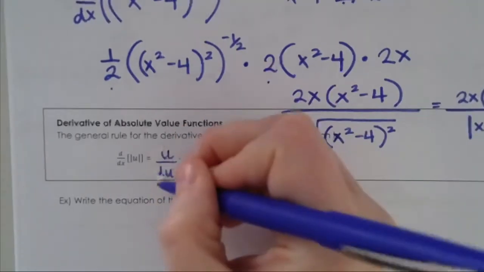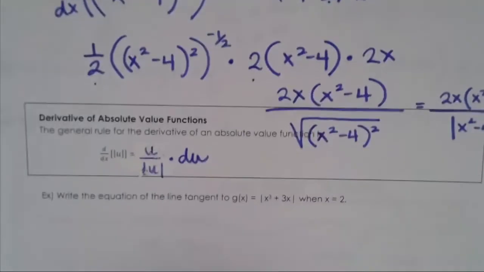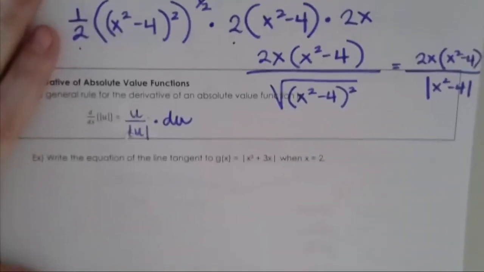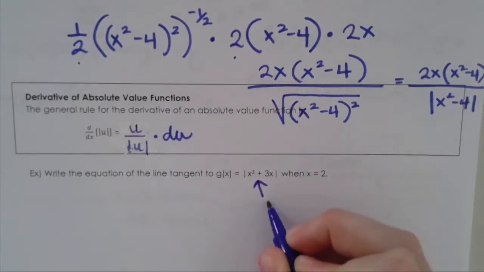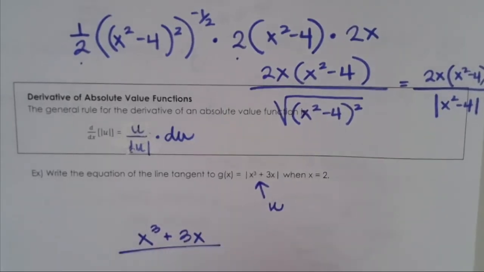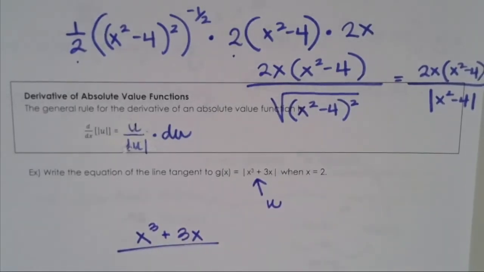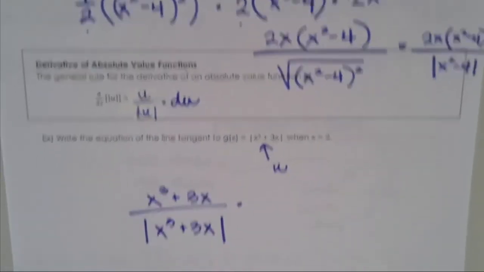Okay, so what does that mean? If we take this one right here and use our rules for absolute value, the thing that I'm taking the absolute value of is my u. So u, which is x to the third plus 3x, over absolute value of u, which is x to the third plus 3x, times the derivative of that thing that I just called u.